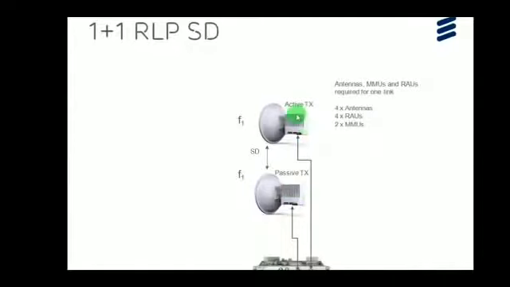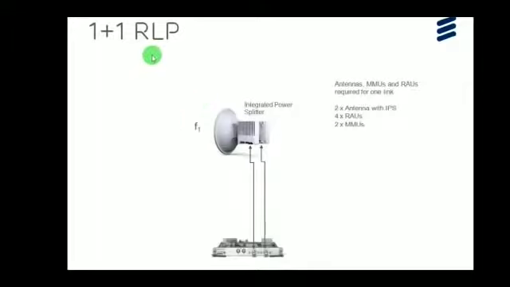This is active transmitter, whereas this is a passive transmitter. Both antennas should be distanced, so it should be as a space diversity concept. This is active transmitter, this is a passive transmitter.